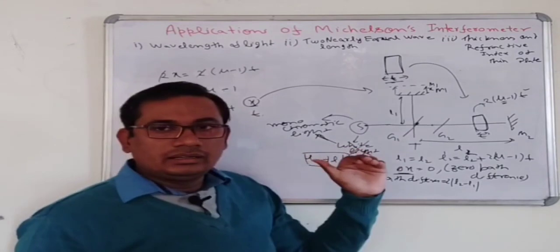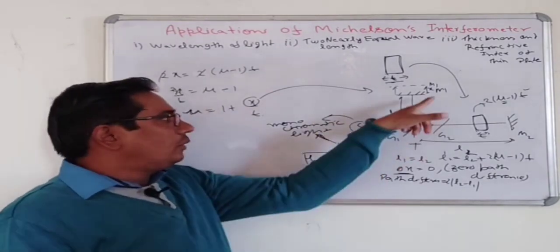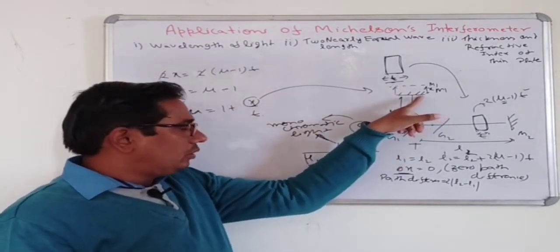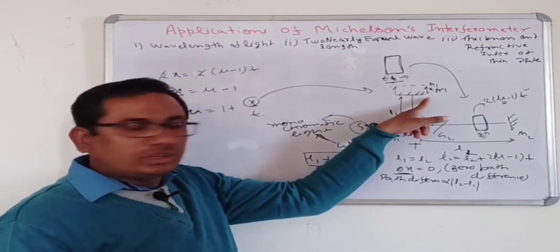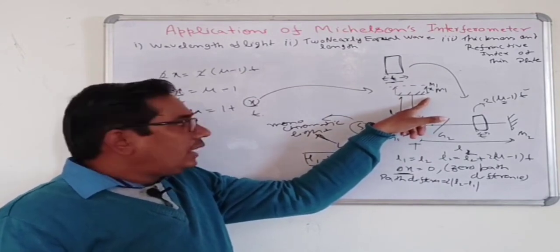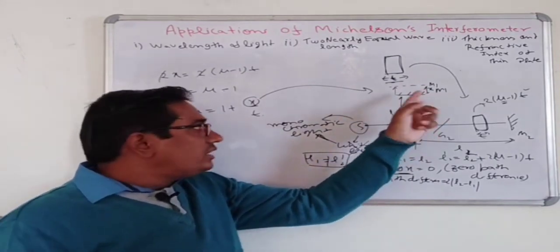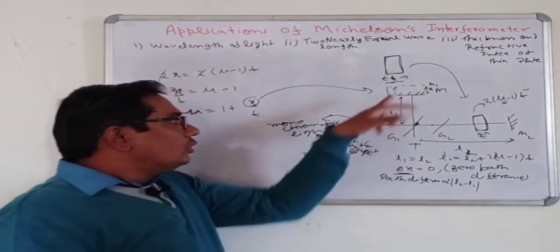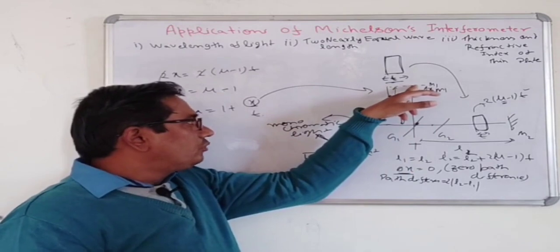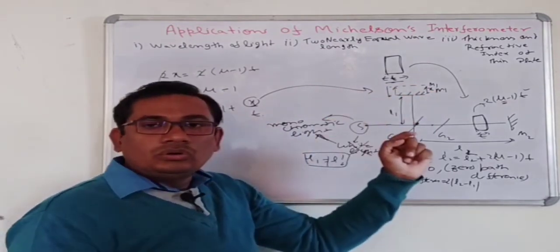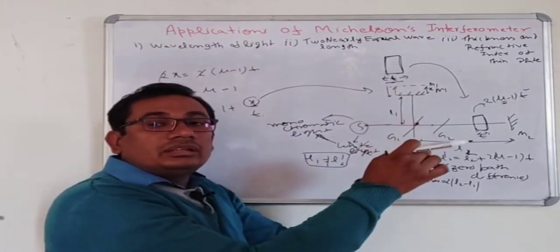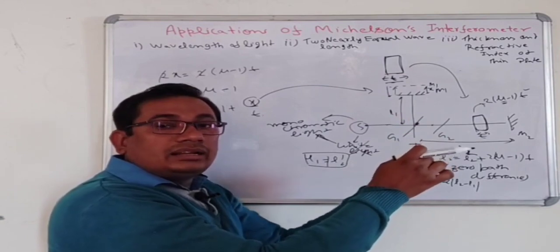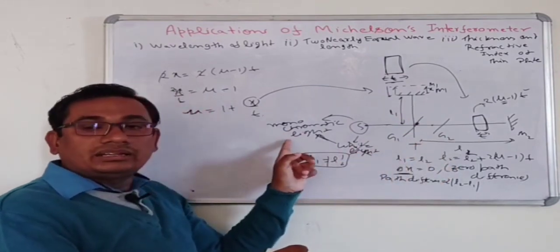All of you know very well the initial position of mirror M1, and now you will decrease these values from here to here. When you decrease from here to here, the number of fringes will collapse at the center because we have used the monochromatic light.